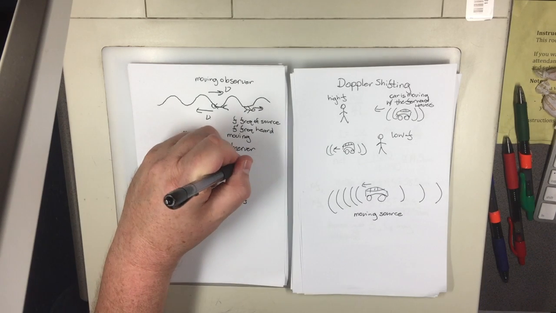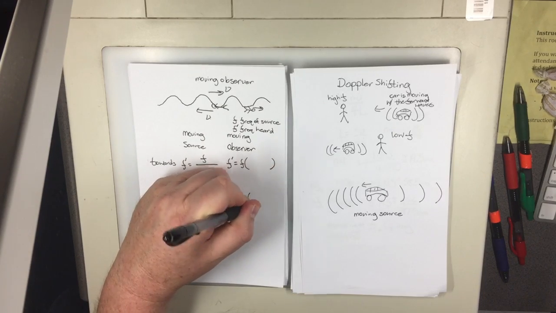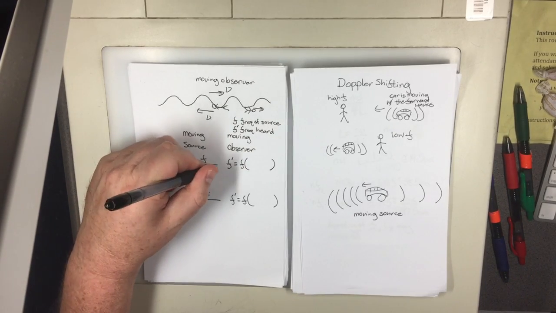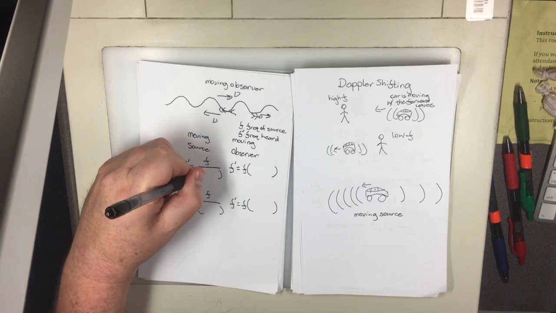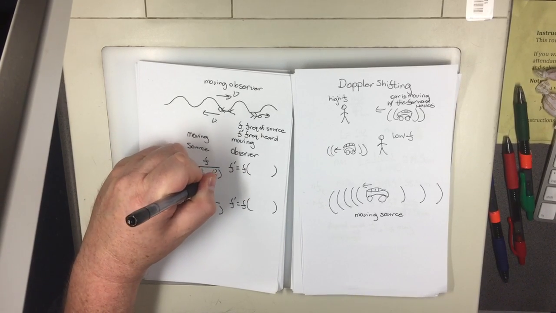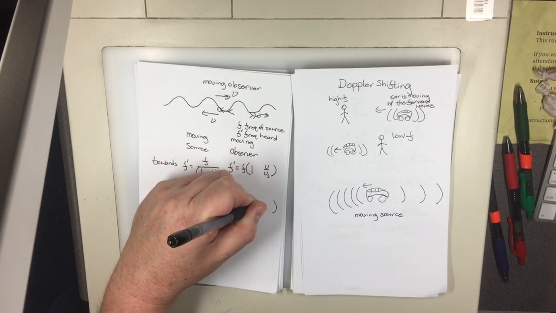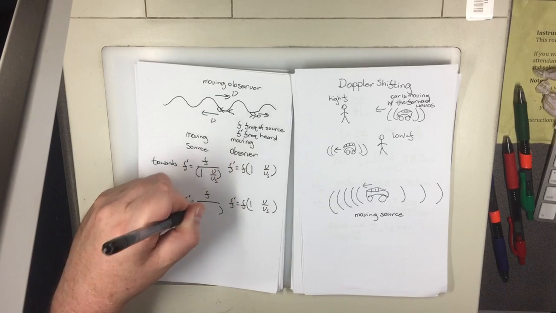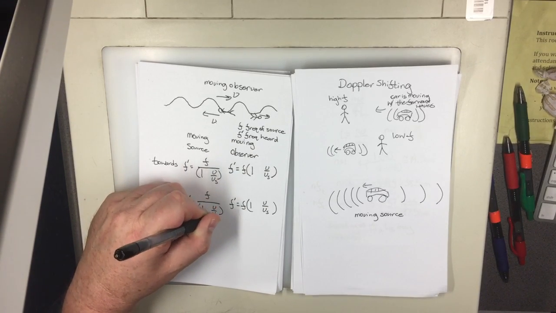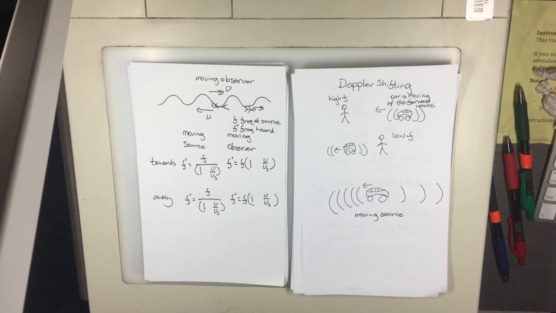In each of these blocks there is a 1 and a V over Vs. Now, this is just because of the way that it's derived, and there are physical reasons why it's set up this way. But what I want you to do is think about the expected values.